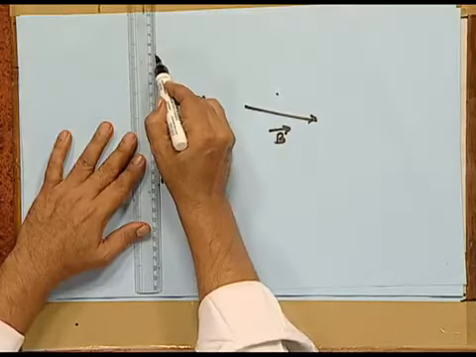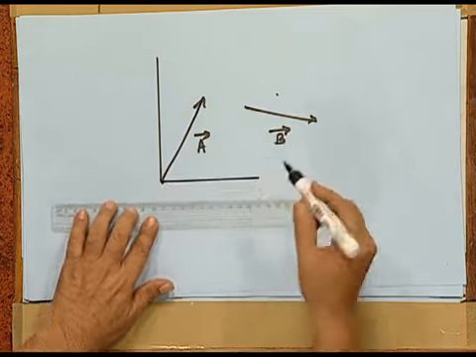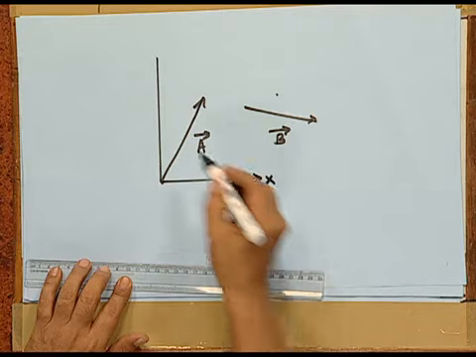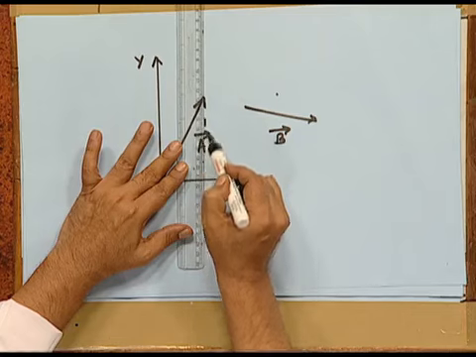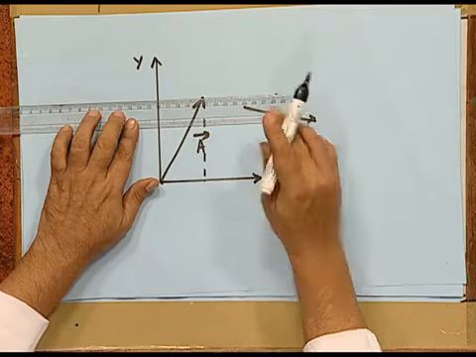How? Let us say that this is the given vector. Now, in this plane I draw two axes perpendicular to each other. Let us call this the x axis and this the y axis. This vector A can be considered as the sum of two vectors which are perpendicular to each other. How? Just drop a perpendicular to the x axis. Similarly, drop a perpendicular to the y axis.